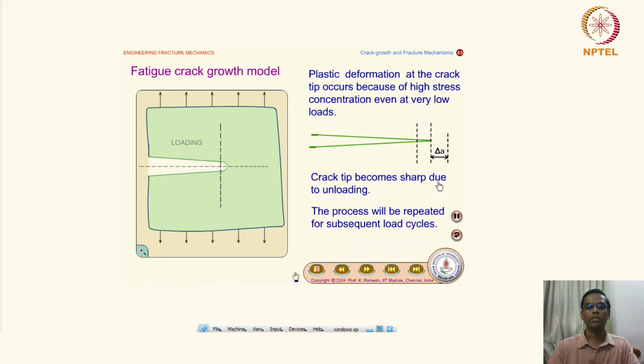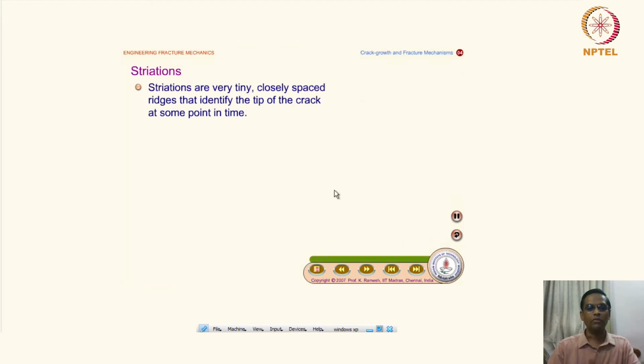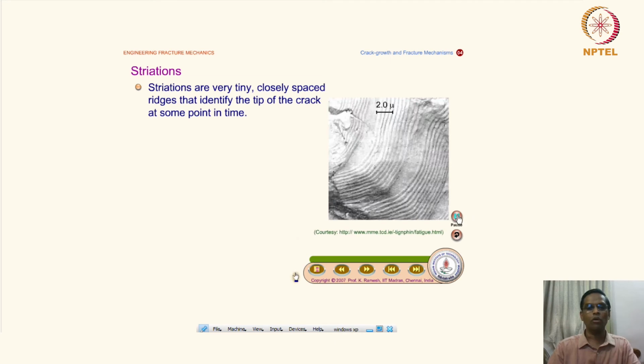The crack tip becomes sharp due to unloading. The process will be repeated for subsequent load cycles. So this is how it is modeled. And we'll look at a little more detail about these cracks.